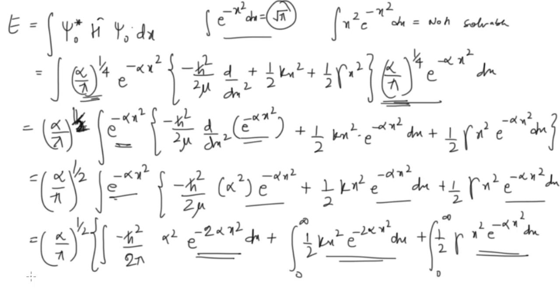A lot of calculation has to be done now, so I'm just leaving it here and writing what you get at the end. You are going to get (alpha/pi)^(1/2), and then minus h cross by 2 pi, then under root pi. Sorry, it's mu, so 2 mu over here, into under root pi by 2 alpha.